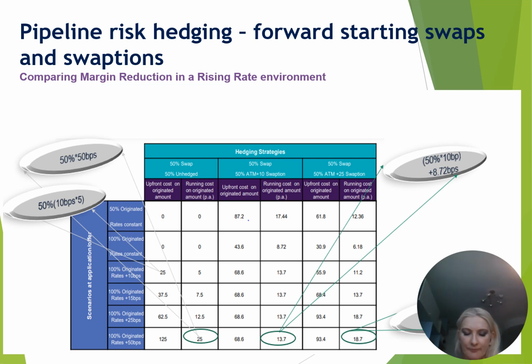So the second option, as I said, aims to protect against rates moving up by acquiring a payer swaption with strike at the prevailing rate. We call it in our ALM jargon at the money plus 10 basis points. You can see this situation in the second strategy, which is here in the middle.